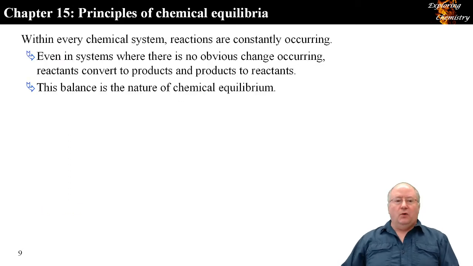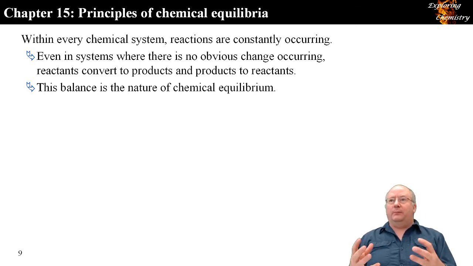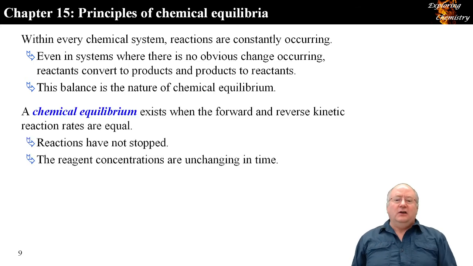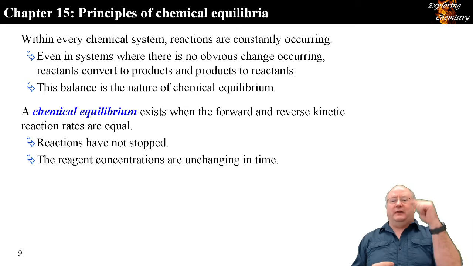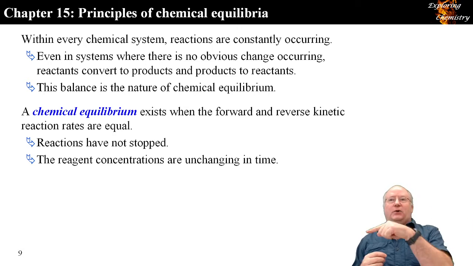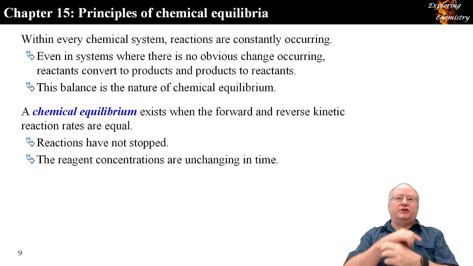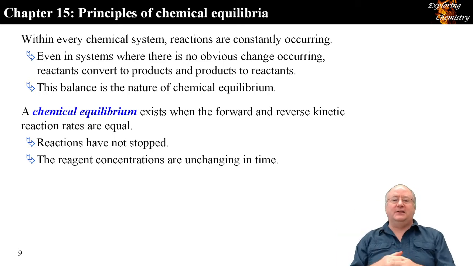So, within every chemical system, reactions are constantly occurring, okay? Equilibrium, it looks like nothing's occurring, but in reality, there are still reactions that are occurring. It is just that the reactions moving in the forward direction to produce products and the reactions moving in the reverse direction to regenerate your reactants are occurring with the same rate.